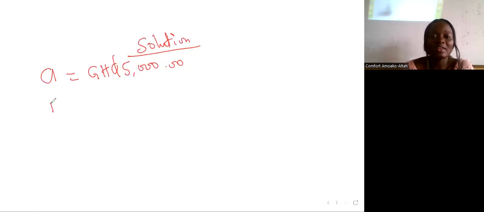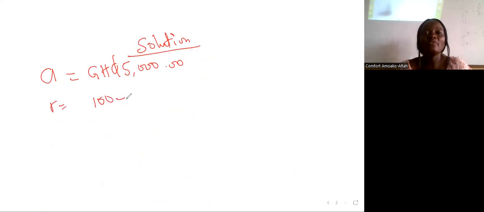So it's giving us what? 100 minus, because it is what? Depreciation. If there was an increment, we would have added that value to 100. But if there is a depreciation, it means you're going to subtract that value from 100. You understand it? It is in percentage, and the sum of percentage is what? 100.